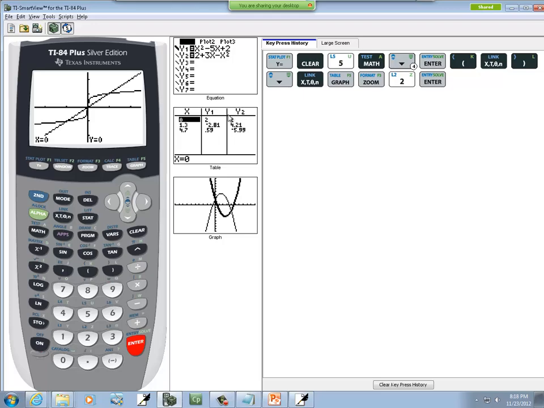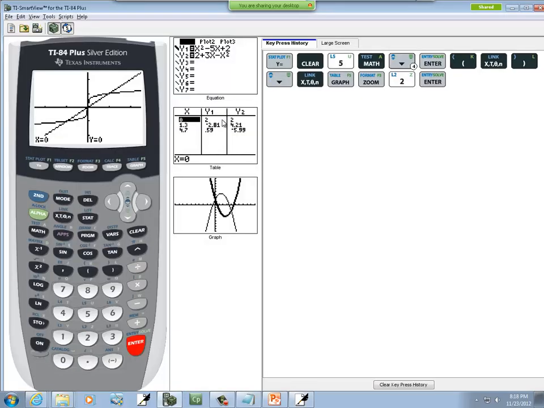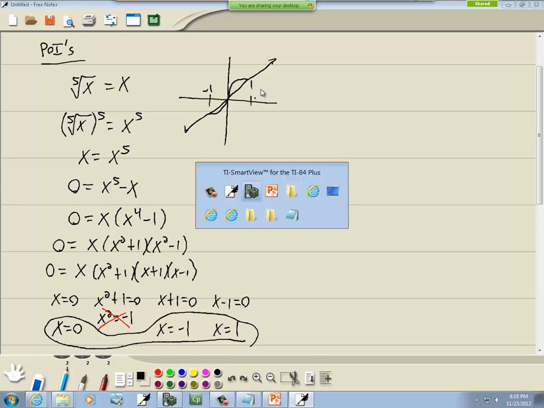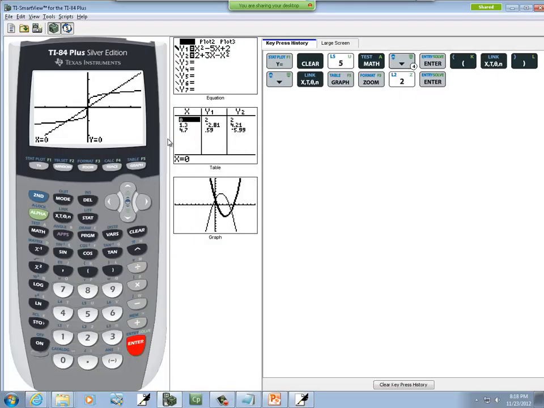Here's +1. Excuse me. There we go. You can see a better picture by looking at this.